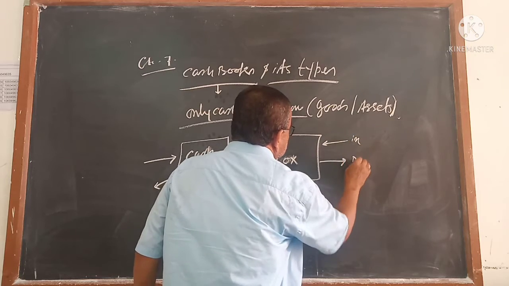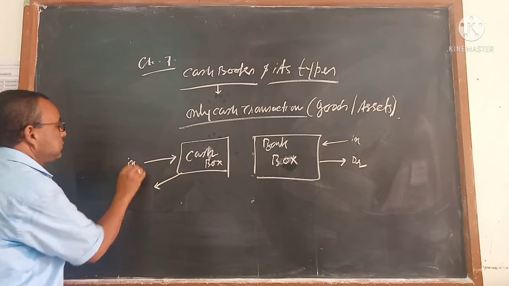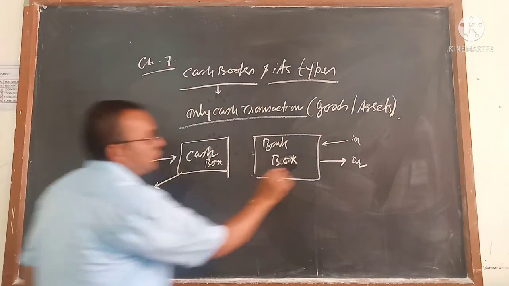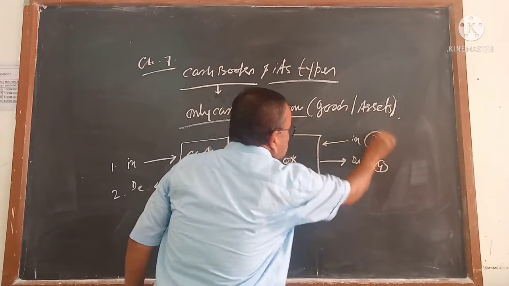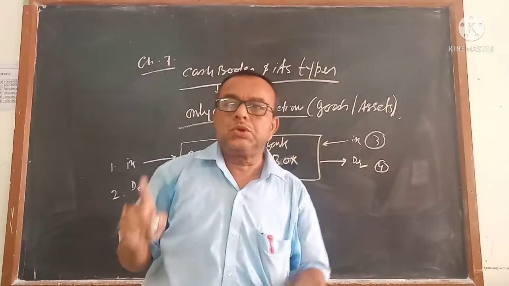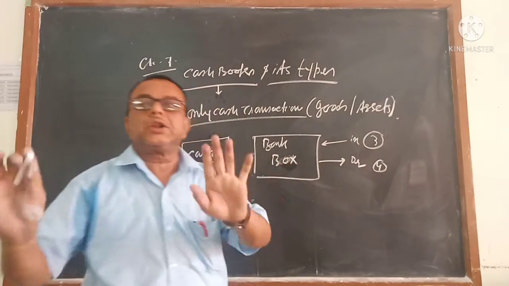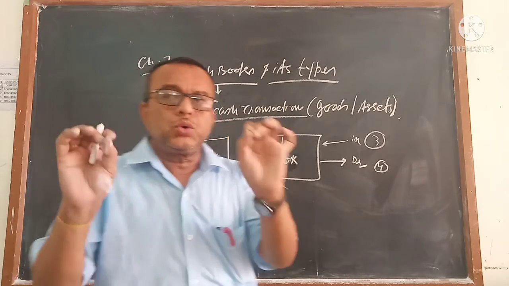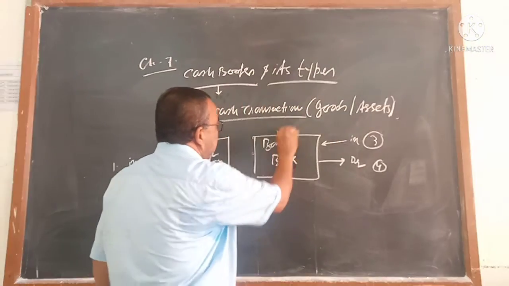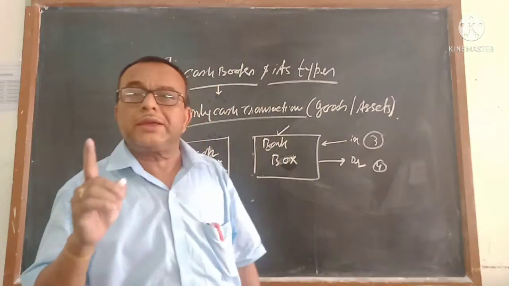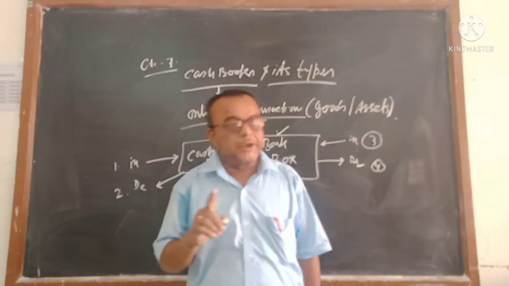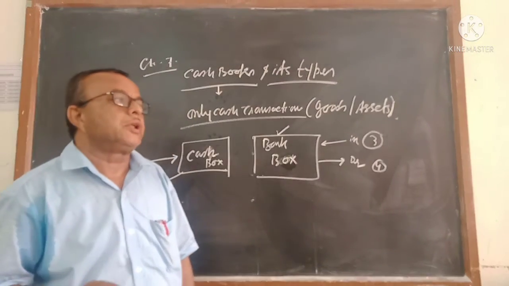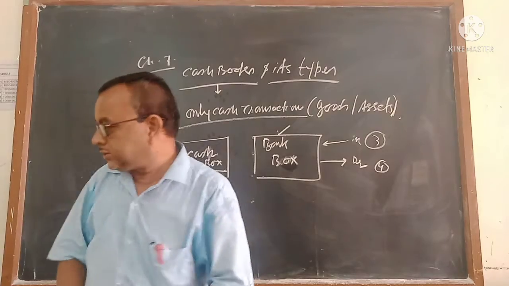This is an increase, this is a decrease, this is an increase, this is a decrease. So in any one of these four, if it is happening due to the transaction, that is called a cash transaction. In simple language, due to any transaction, if the balance of the bank is changing, either increasing or decreasing, or the balance of the cash box is changing, either increasing or decreasing, that is called a cash transaction.